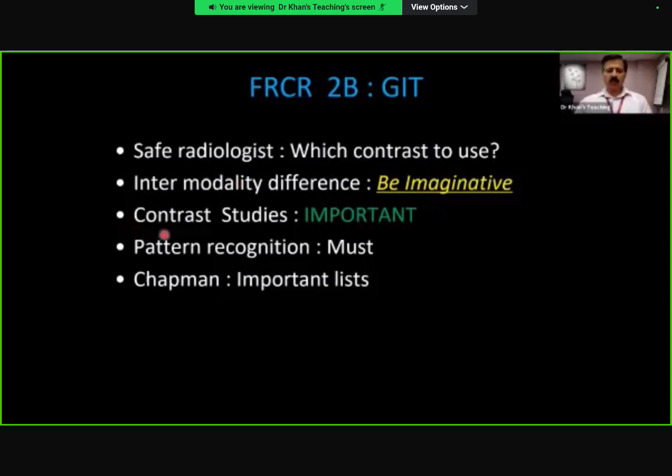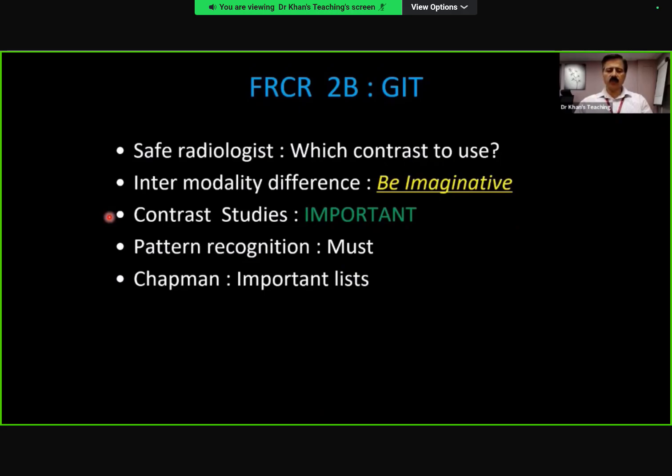Now, contrast studies, as in bariums, they are important for the exam. Why I say important is that your chances of getting a contrast study, I'm not saying all of you will get a contrast study, but you might get one. I know that the current generation doesn't have experience.